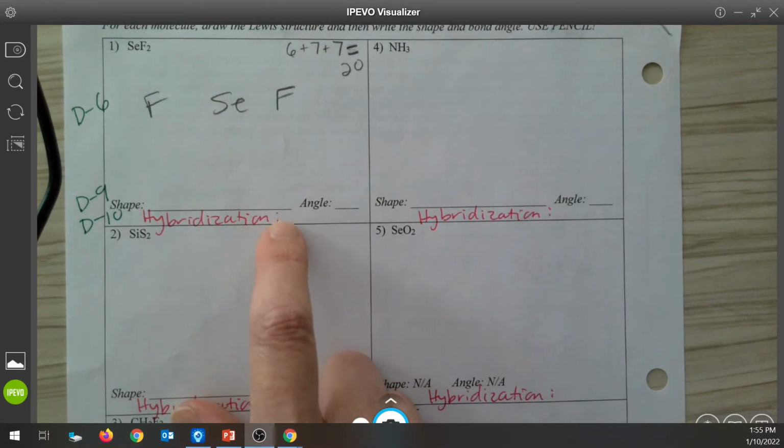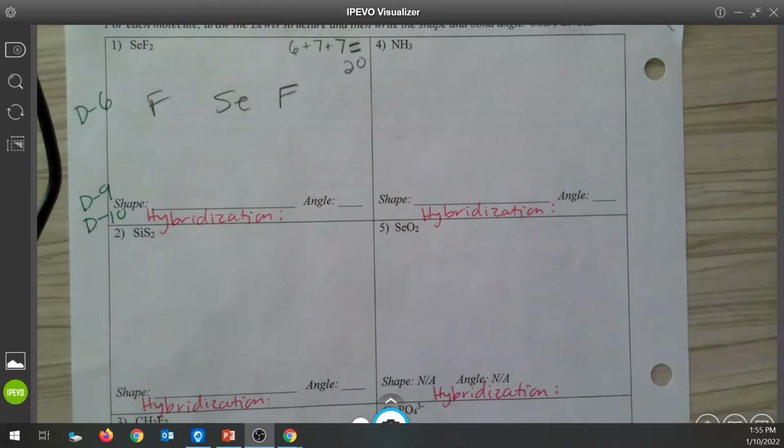So be sure you also do the hybridization for the central atom. Look at how many areas of electron density are around the central atom and say whether it's sp, sp2, or sp3 hybridized.